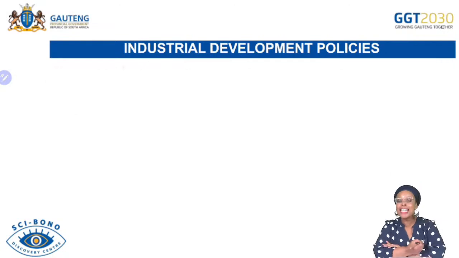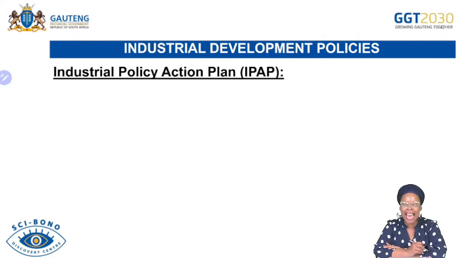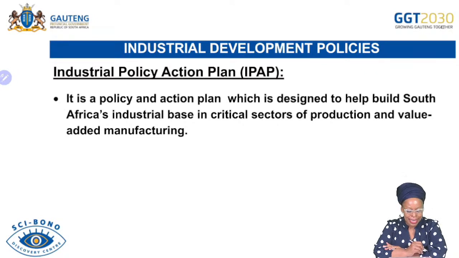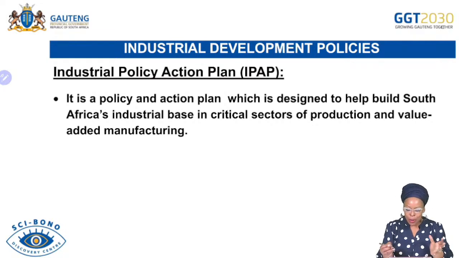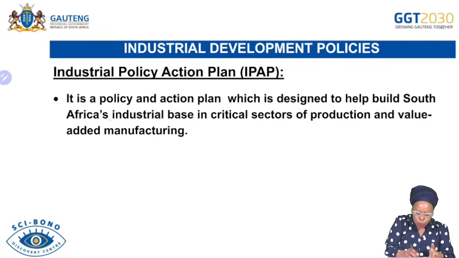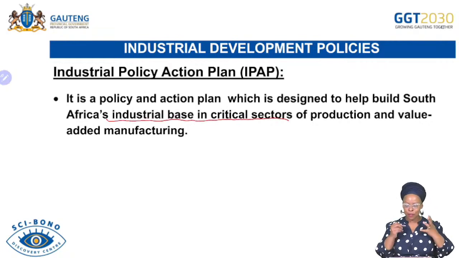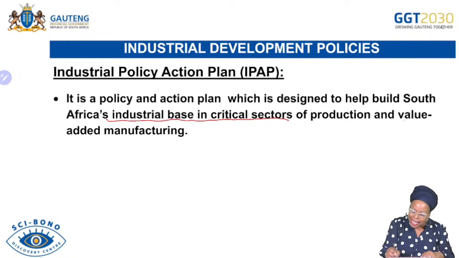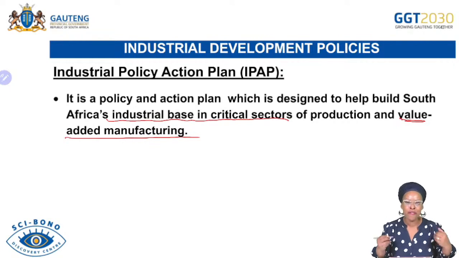Okay, then let's look at IPAP, another industrial development policy. IPAP, or Industrial Policy Action Plan. What is it? It is a policy and action plan which is designed to help South Africa build what? Its industrial base in critical sectors of production, but focusing on what? Value added manufacturing.